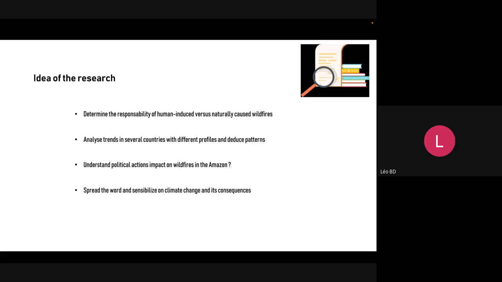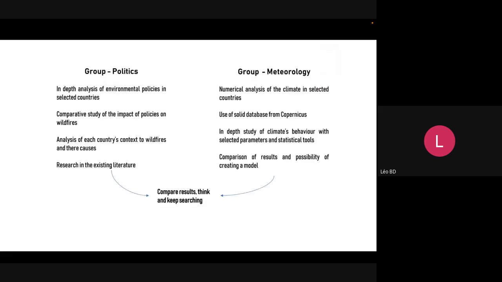Then we want to understand what impact political actions have on wildfires in the Amazon. And finally, if we understand it well enough, the goal is to spread the word and sensitize people on climate change and wildfires and how they work. So this is a bit of the scope of this research.